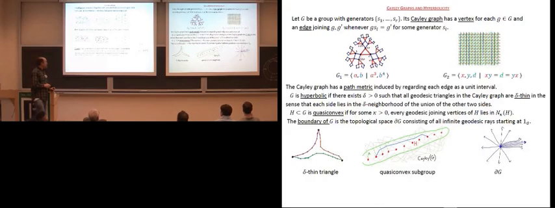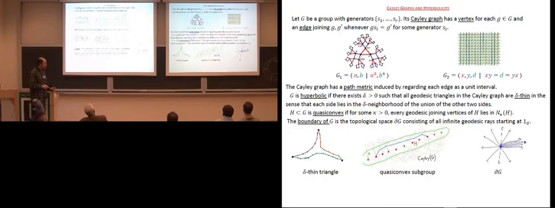Now, a group is hyperbolic if there exists a number delta more than 0, such that all geodesic triangles in the Cayley graph are delta-thin. So whenever you take 3 points in the Cayley graph, and you look at 3 geodesics in the Cayley graph joining those 3 points, then each side lies in the union of the delta neighborhoods of the other 2 sides. Okay, you just think of this picture. It's delta-thin.